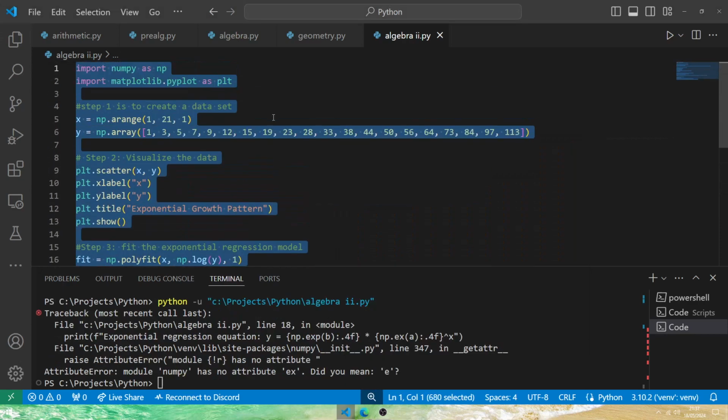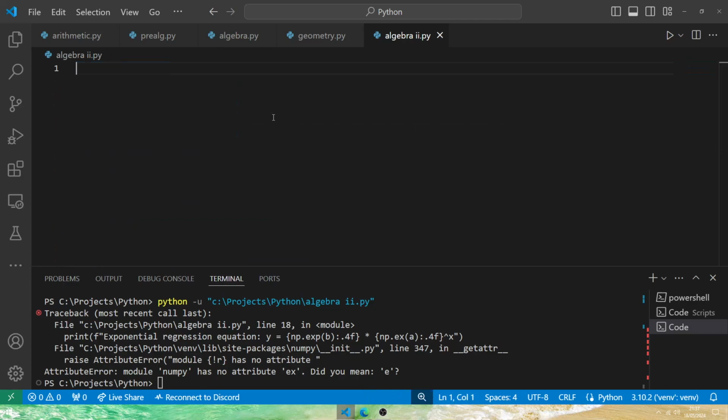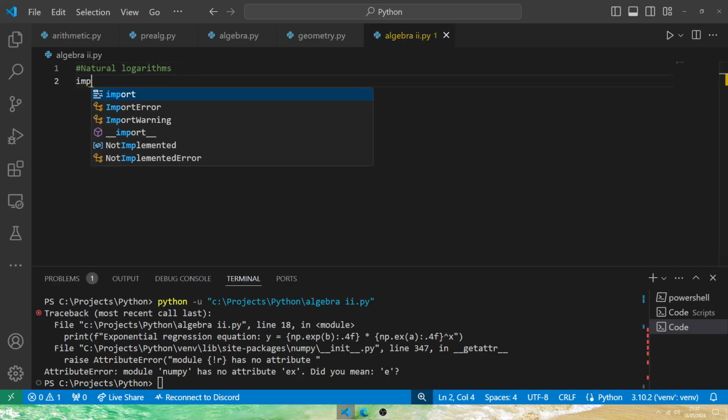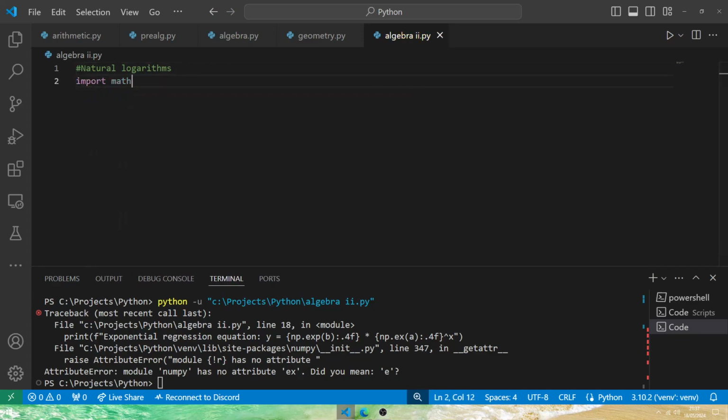So lastly, we can finish this video off by talking about logarithms. The three we're going to talk about start with natural logarithms, which we can calculate by using the import math module.